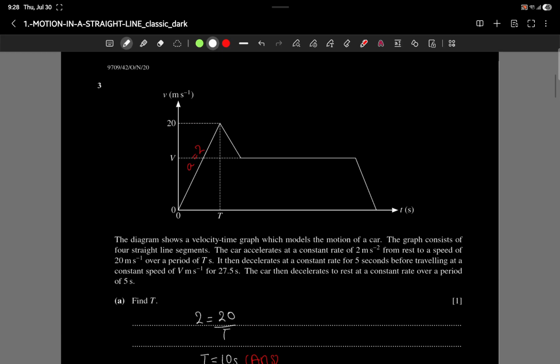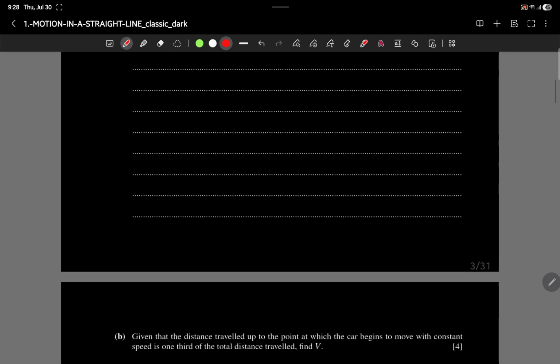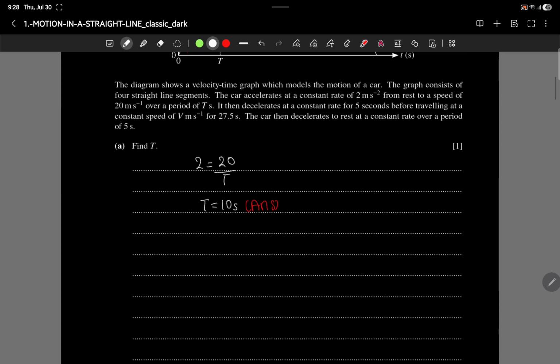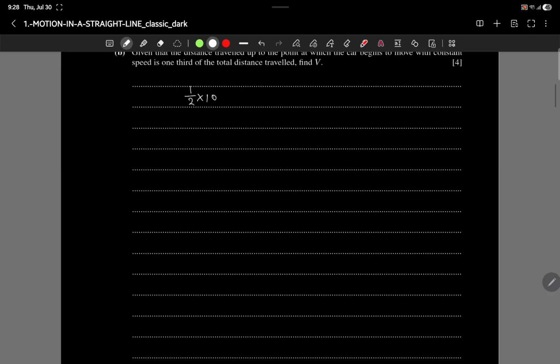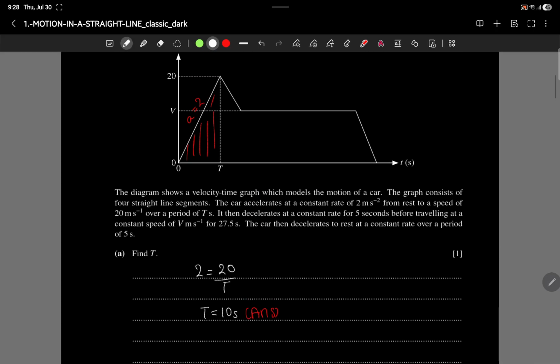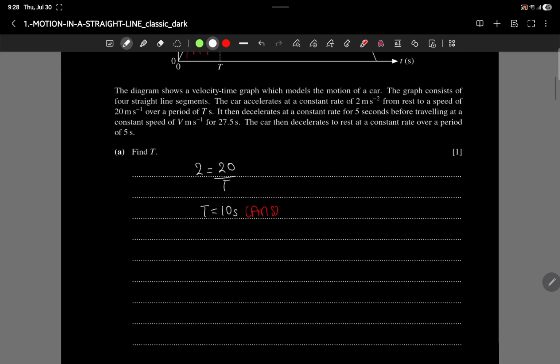That means that this distance is 1/3 of the whole distance traveled. So we can write that as an equation. We can write first the triangle of this, half into base, which is 10, into height 20. So this thing is 1/3 of the whole area.